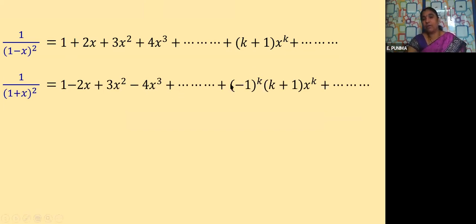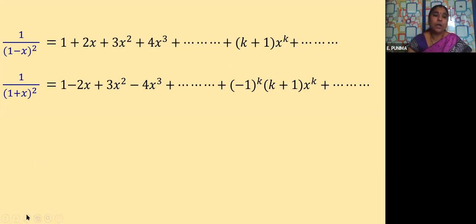The same rule I told for the 1 by 1 plus x term, because here alternately we are getting minus and plus signs. To know the positive or negative sign, we are using minus 1 to the power of k. If k is an even number, it will be positive. If k is an odd number, it will be negative.